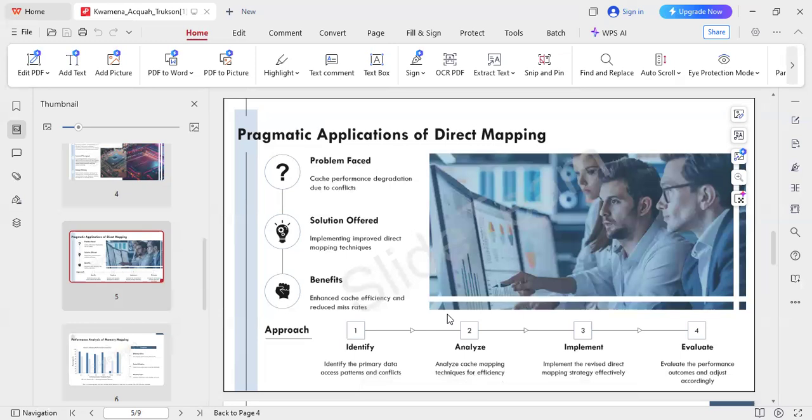You have to evaluate current mapping strategies. The third one is implement changes by applying optimized direct mapping to it. Lastly, we have evaluate results. How do you do that? By checking for performance.